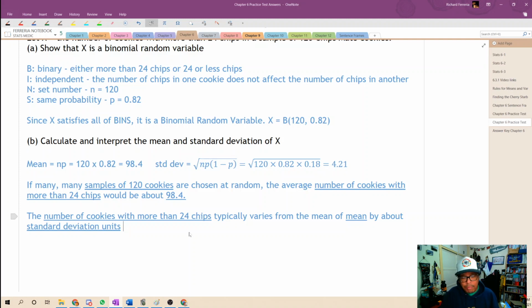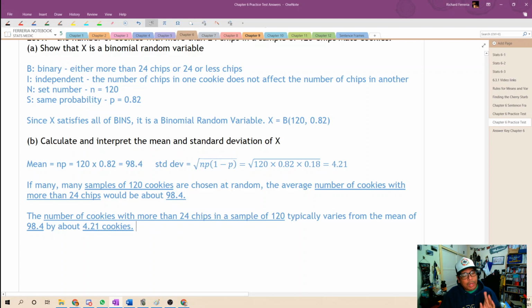Oh, 98.4 by about, and the standard deviation now is 4.21 cookies. The number of cookies with more than 24 chips typically varies from the mean of 98.4 by about 4.21 cookies. And I did forget to put 120 here. So we better make sure we put down in a sample of 120.